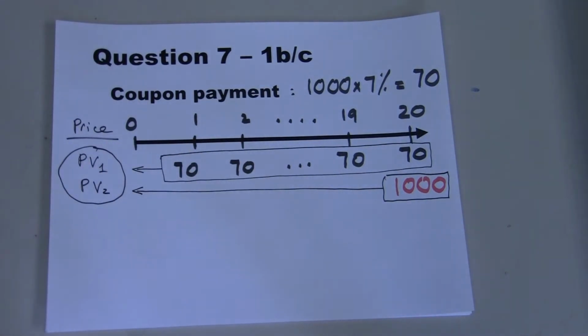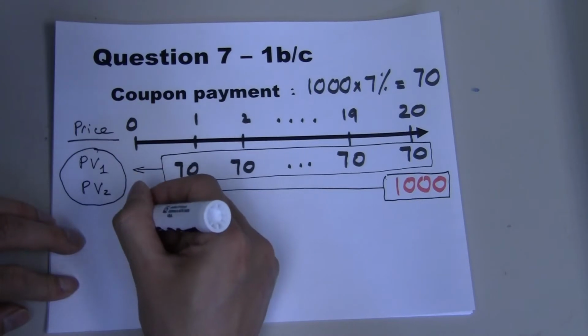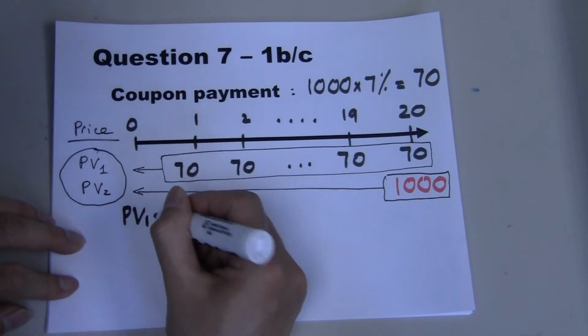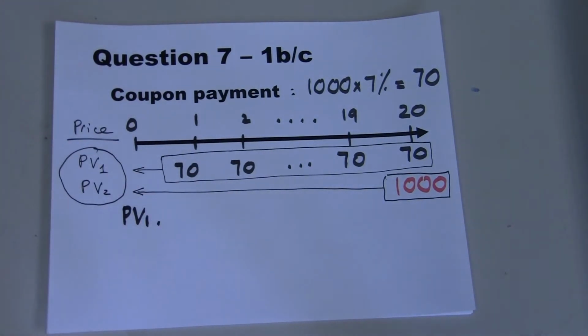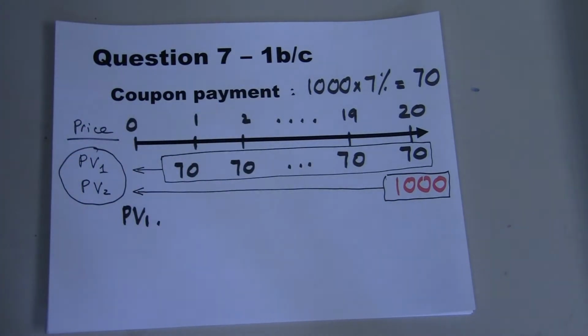Now we will calculate one by one. First of all, PV1. One more thing. The interest rate we use to discount all the future cash flow will be your required rate of return, and in the book your required rate of return is 10%.